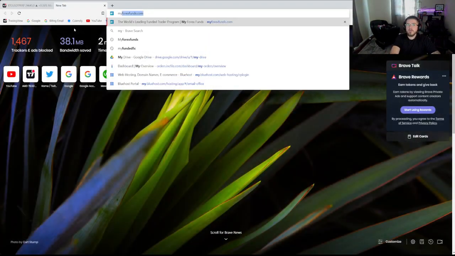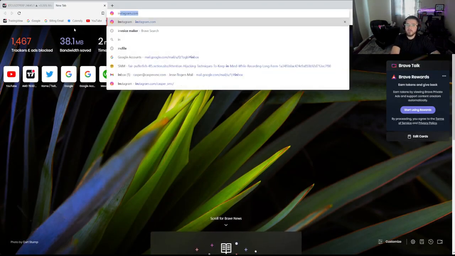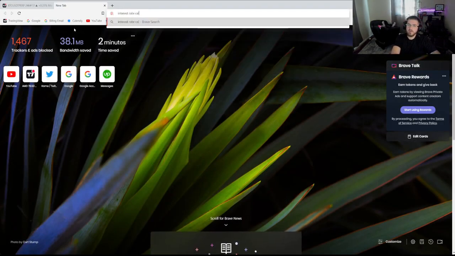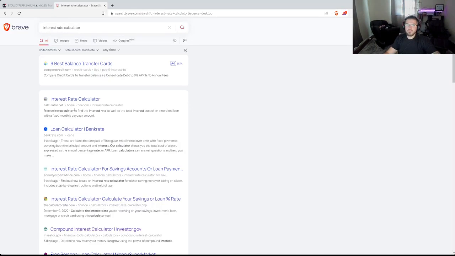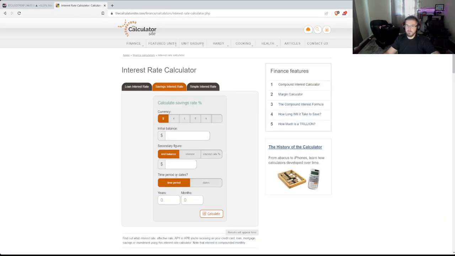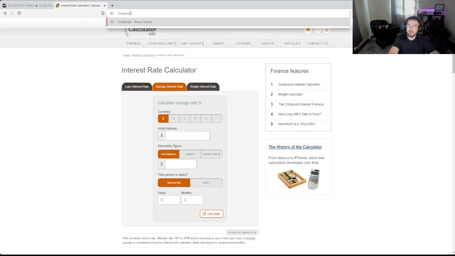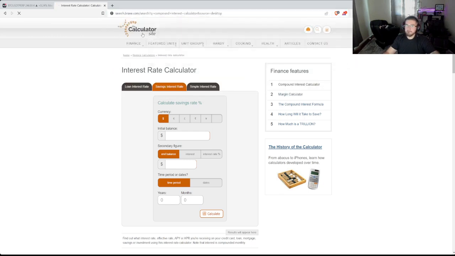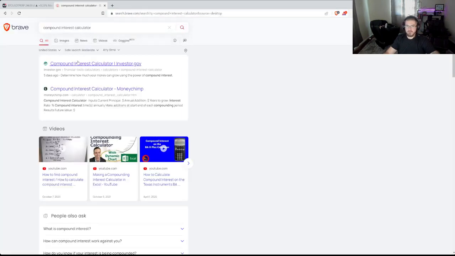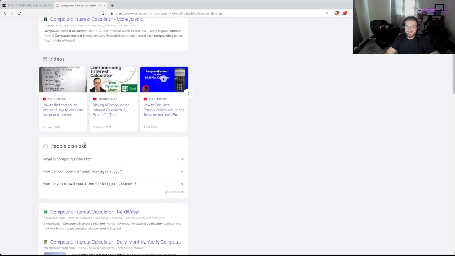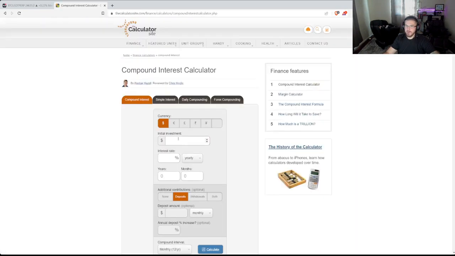Let me pull up the compound interest calculator. The CPU on Twitter is like 50R. It's like, bro, you're literally a trillionaire at that point.